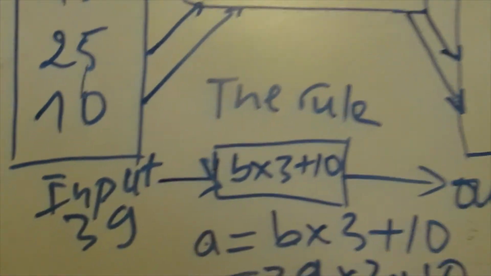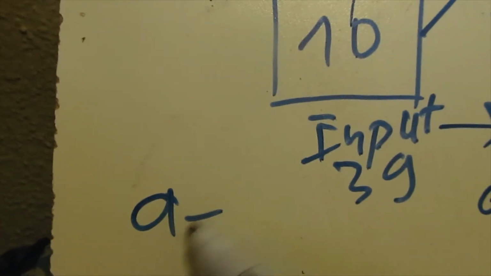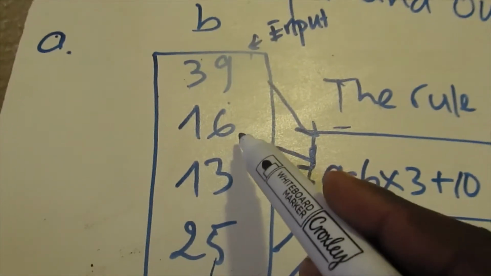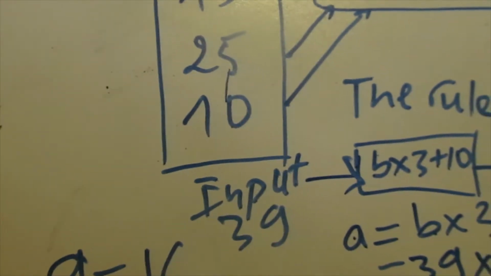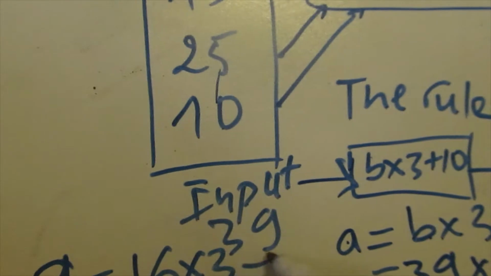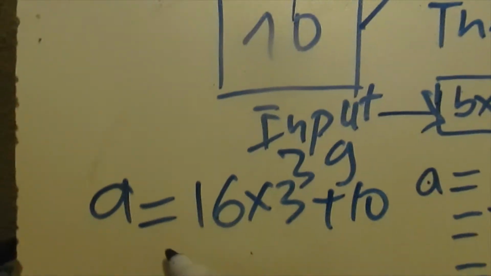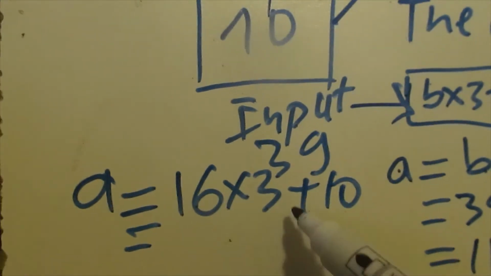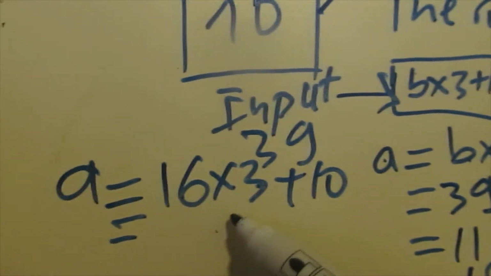So we will do the same for the second output. So for our second output, we have A equals B. Our B here, the second input, is 16. So we have 16 times 3 plus 10. Then 16 times 3: 3 times 6 is 18.